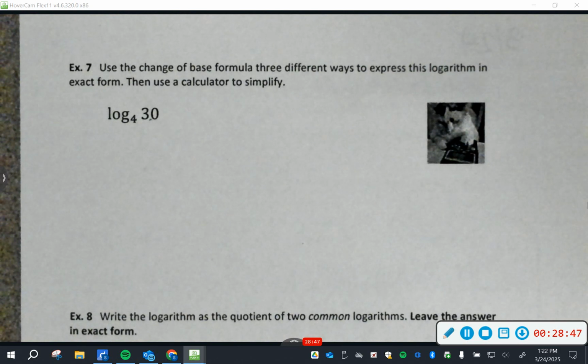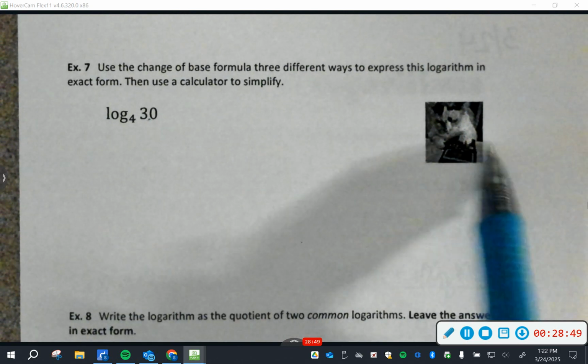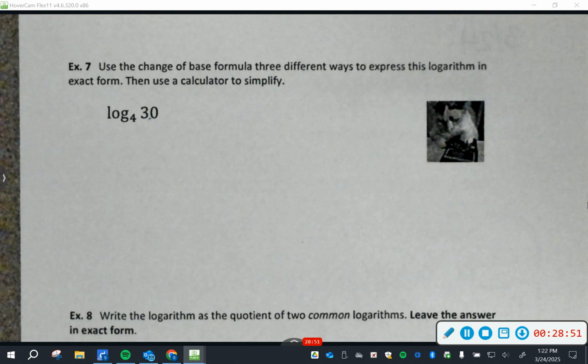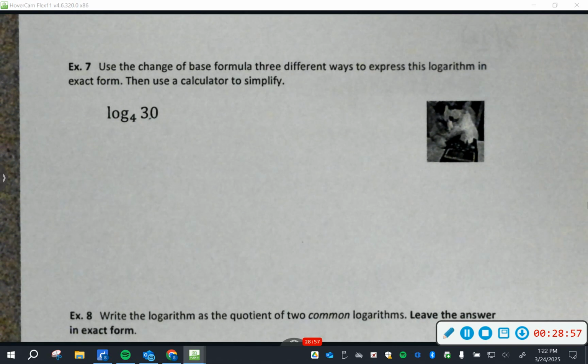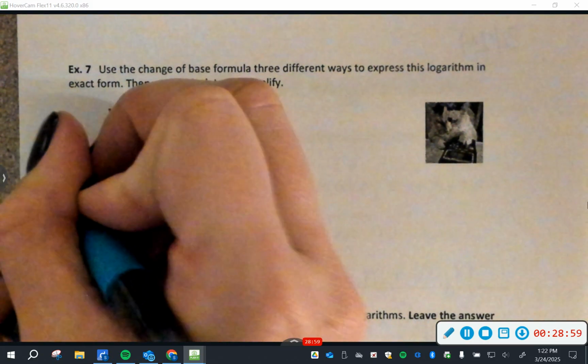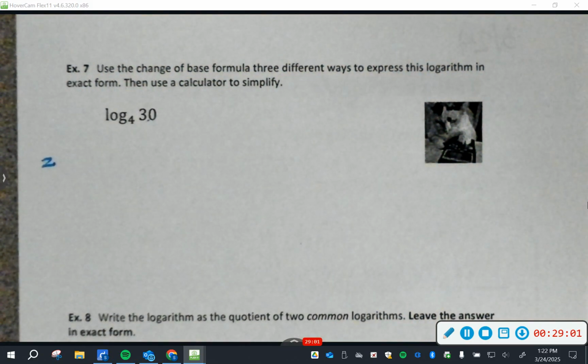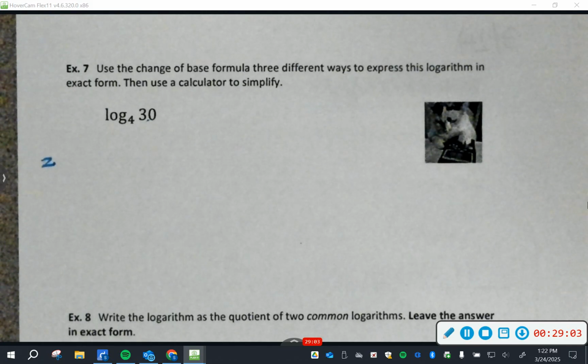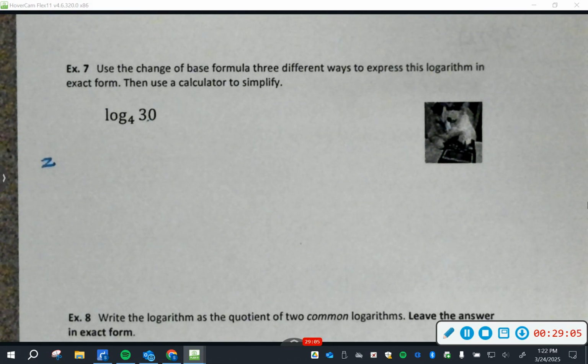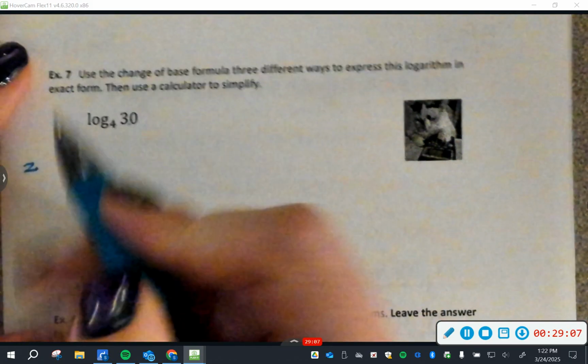Back in the day, on this calculator here, maybe you have some, there was only a log button and an ln. Because of that, those are the common bases we would use, because those were the only buttons we had on the calculator. So I can choose a common log.